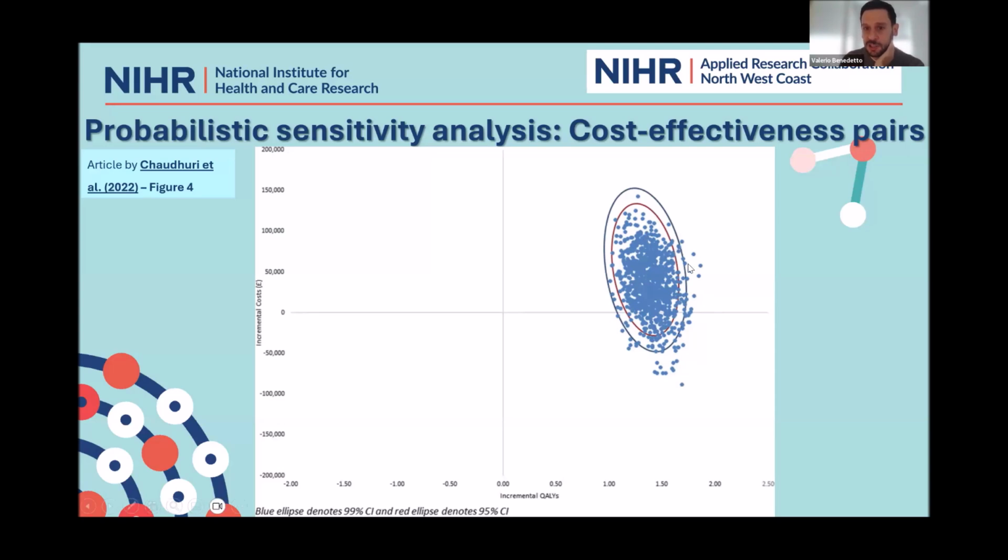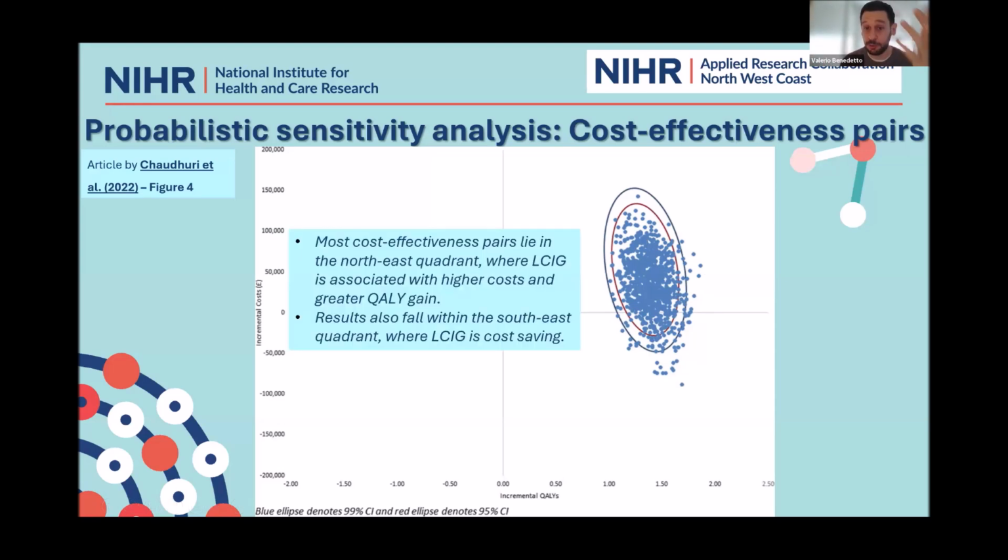Each dot is associated with a different incremental cost and incremental qualis. Now, you're not going to analyze each combination one by one, but what you can see from the graph is that most of these combinations lie in the northeast quadrant, where the new gel is associated with higher cost and greater quality gain.